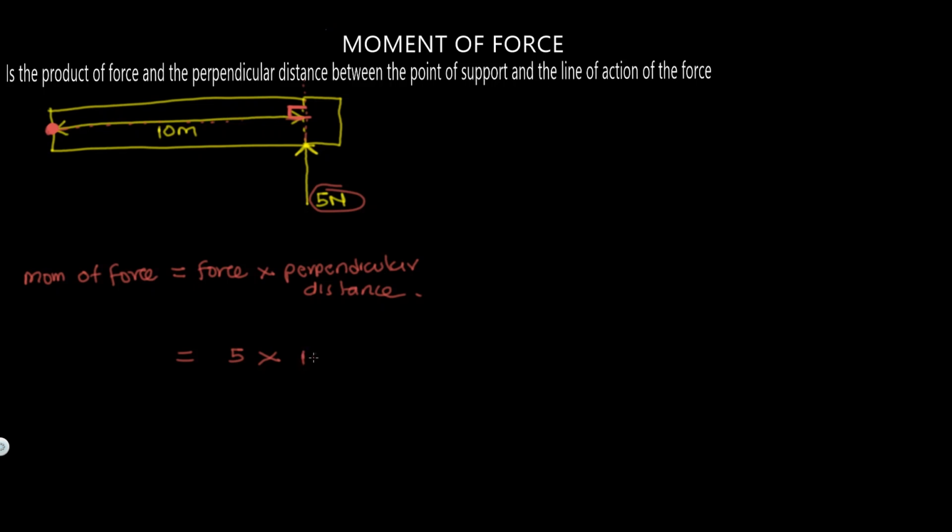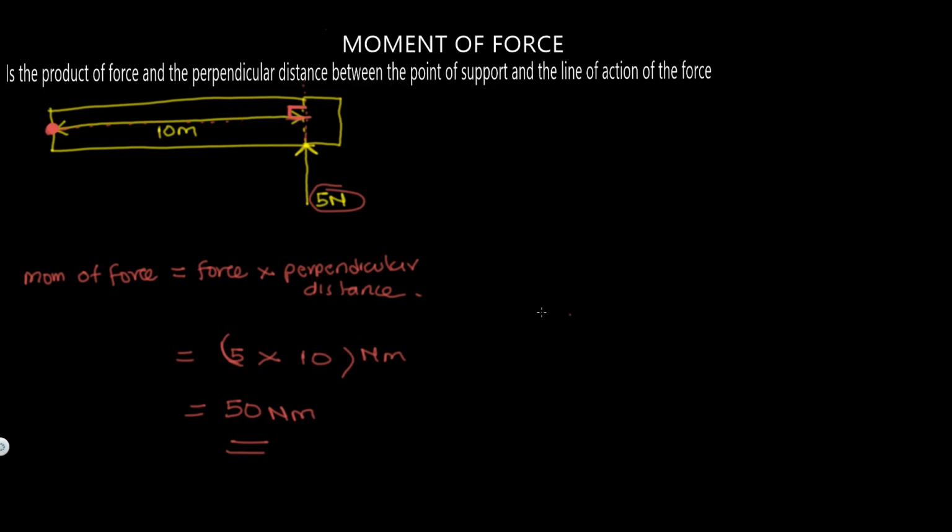So 5 multiplied by 10 gives 50. Remember, this unit is in newtons and this unit is in meters, so the SI unit will be newton meter because you are multiplying these two. And this is the answer to this question.